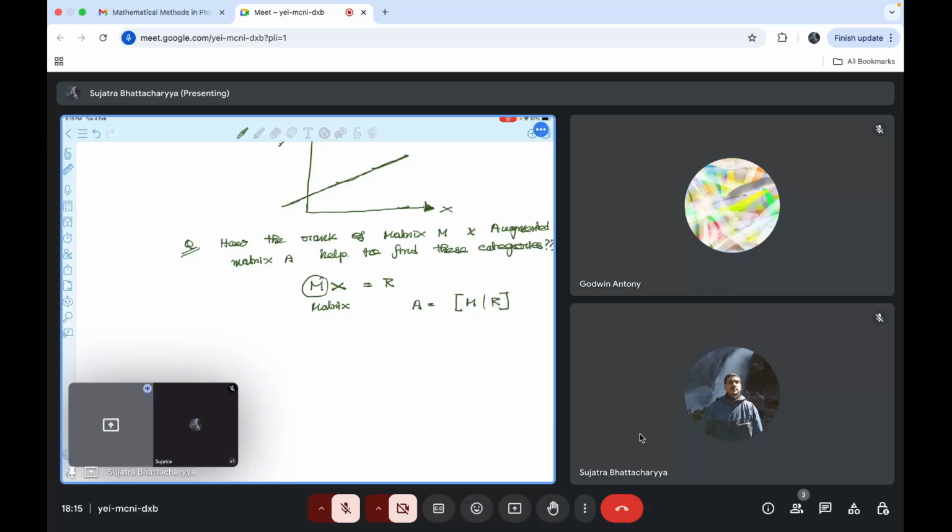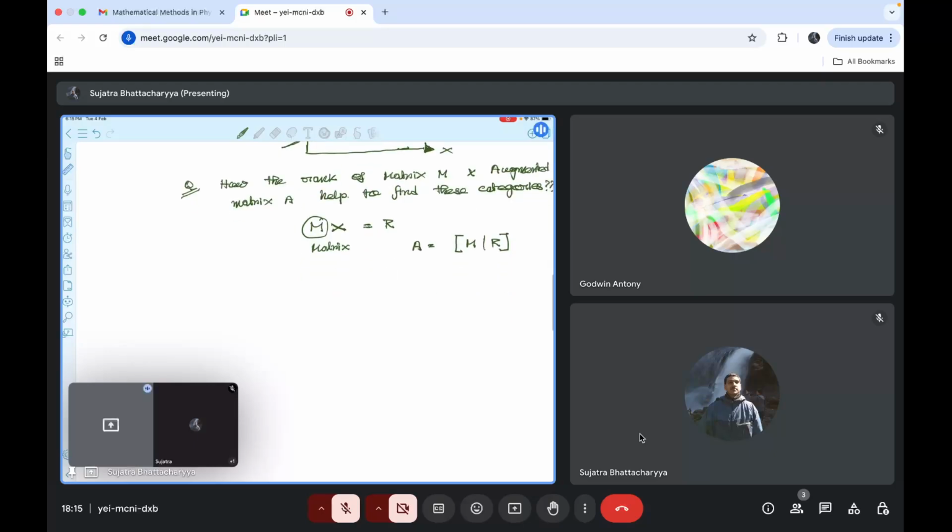When you have a set of equations which can be written in matrix form like this, then you calculate the rank of the matrix and the rank of the augmented matrix, which we have done using row reduction techniques, finding the number of non-zero rows and taking that as the rank. How are these useful in determining these categories?